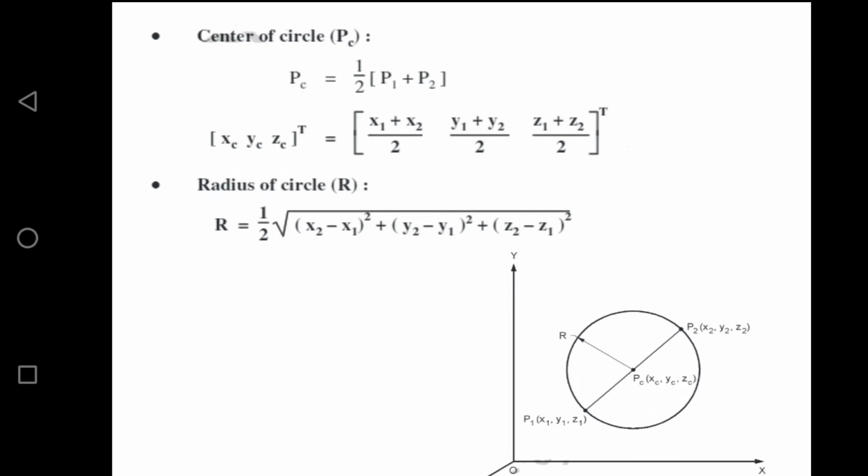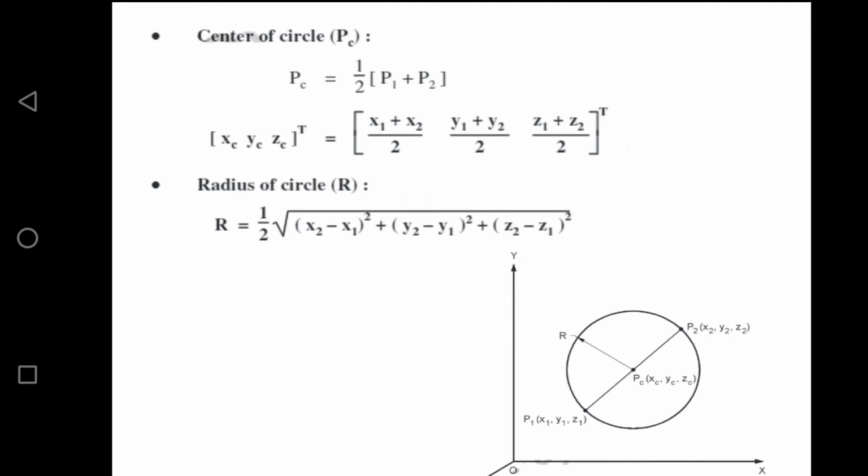So the center point of the circle will be half of the sum of the points P1 and P2. If I write it in matrix form, xc, yc, zc transpose equals x1 plus x2 divided by 2, y1 plus y2 divided by 2, z1 plus z2 divided by 2, transpose, which will be the center of the circle.